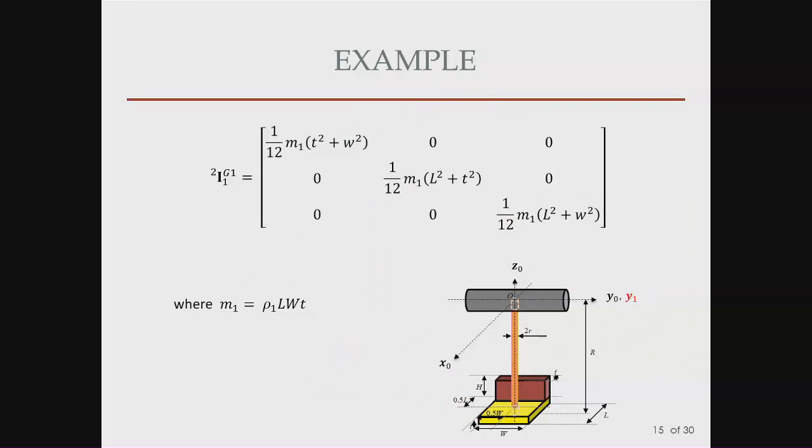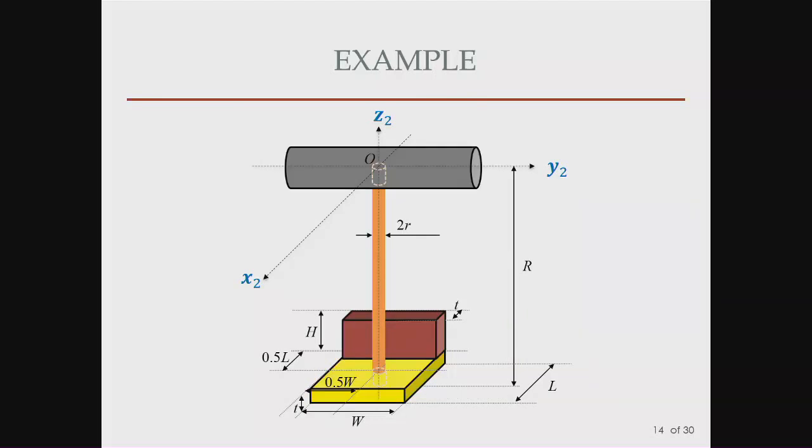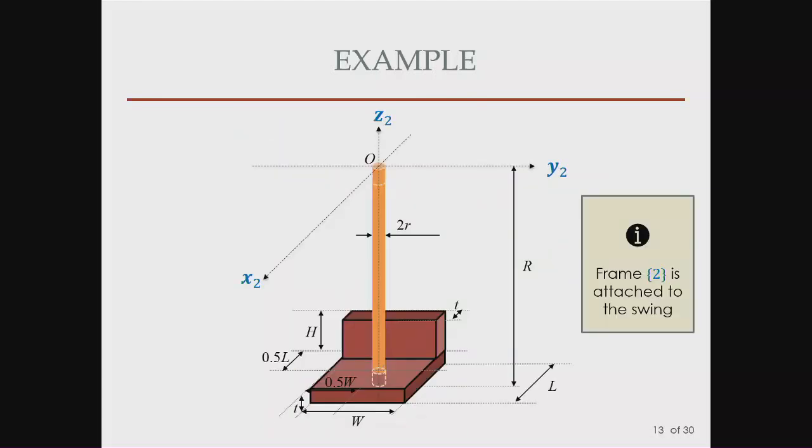But remember, all the calculations we are actually making are with respect to this frame 2, which is going to be like either of these frames. So this F here is going to be for us frame 2. This and this are all for us, in this example, frame 2. Frame 2 is attached to the swing. Does it make sense?